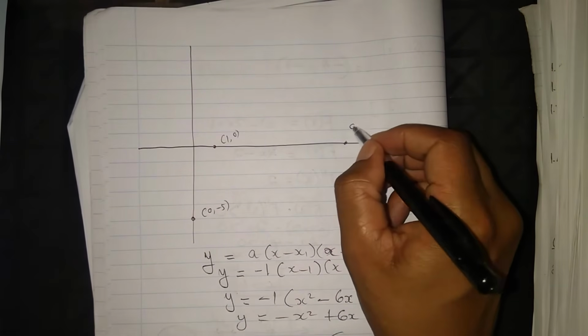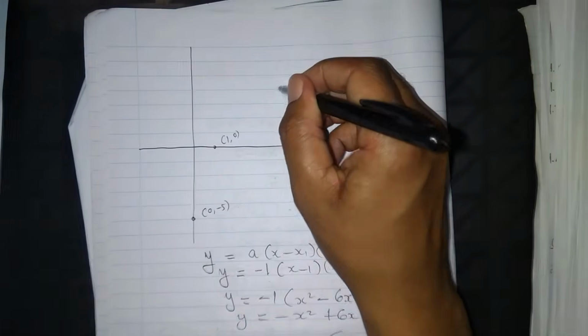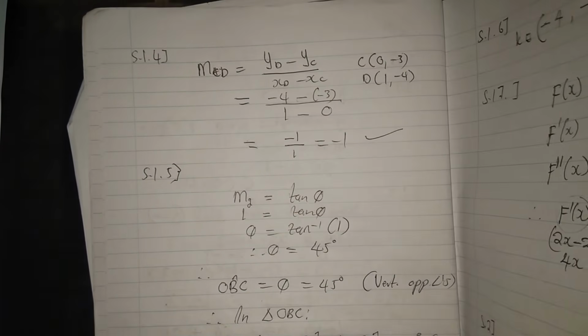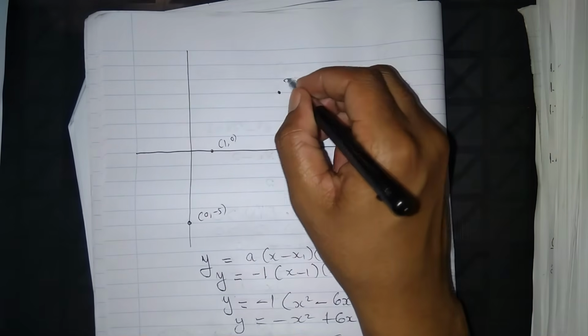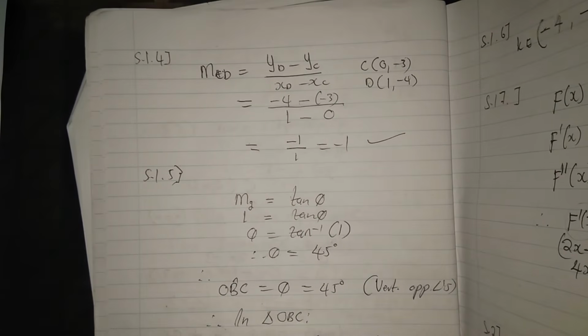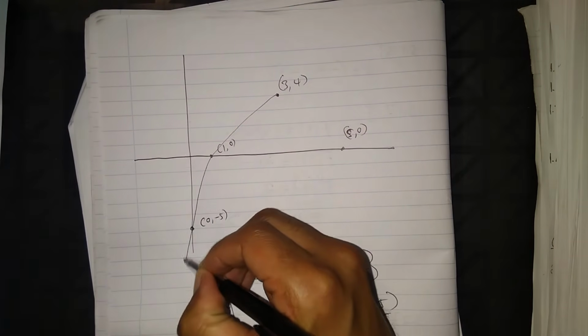The other one is 5 and 0. So the turning point is 3 and 4. Remember on the rough sketch it's 3 and 4. So therefore my graph will look like so.